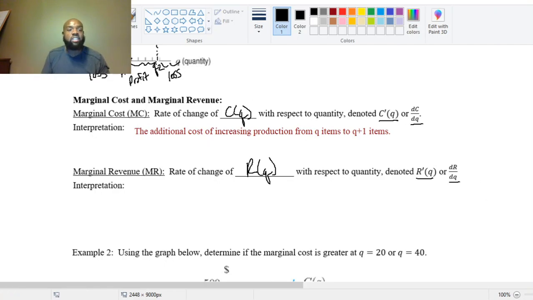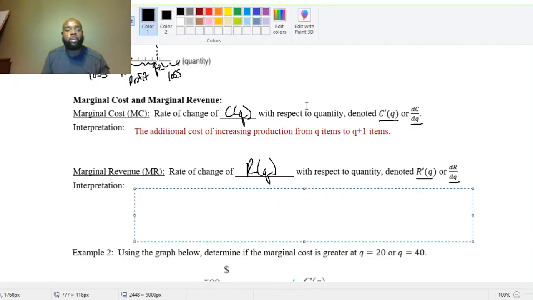The interpretation of that is very similar to the interpretation of your marginal cost. It's the additional revenue from selling, because revenue comes from selling, from increasing sales from Q items to Q plus 1 item.